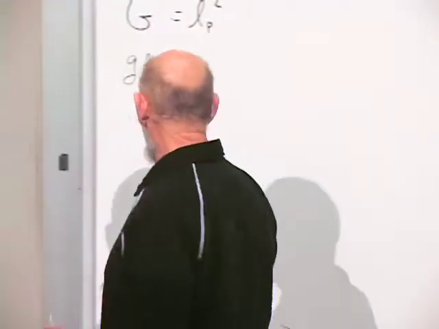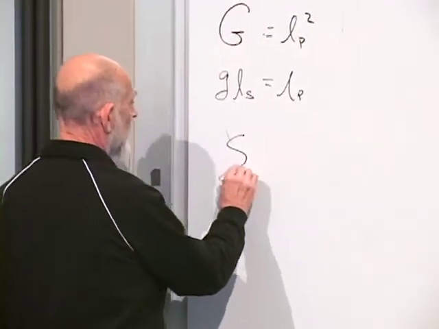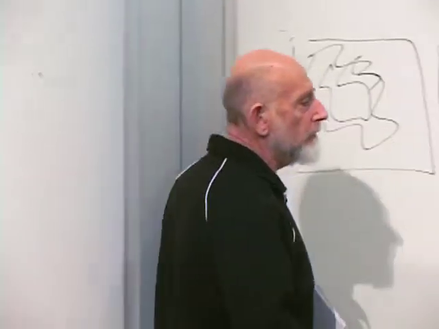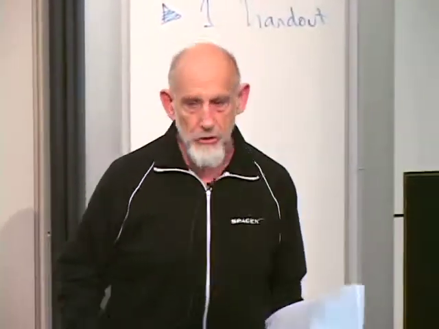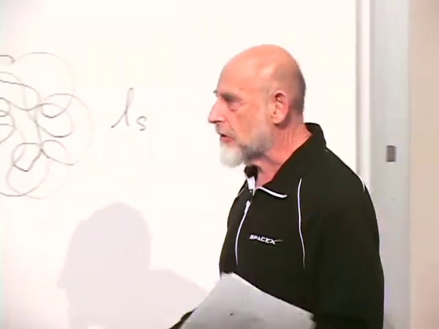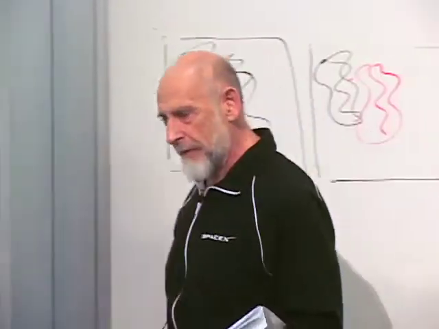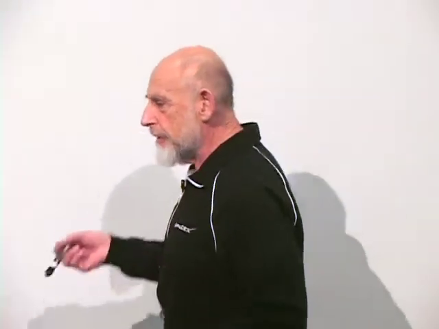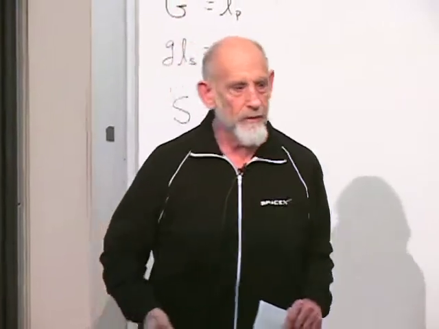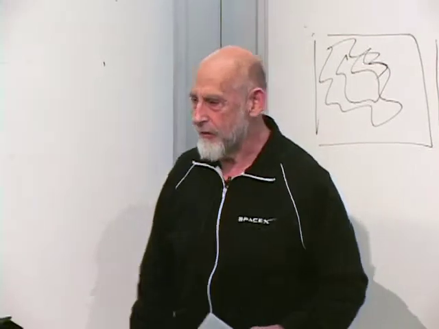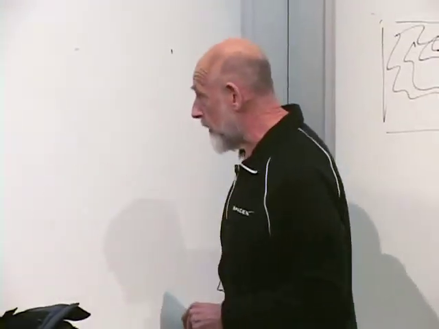Next equation, the entropy of a string S. Now remember, entropy basically counts the number of decisions, yes or no, up or down, left or right, that you have to make to describe a system. Let's just leave it at that. It's the number of primitive binary decisions, and it doesn't matter whether it's binary, it could be trinary or quadrinary, some small number of decisions that you have to make to specify a configuration.